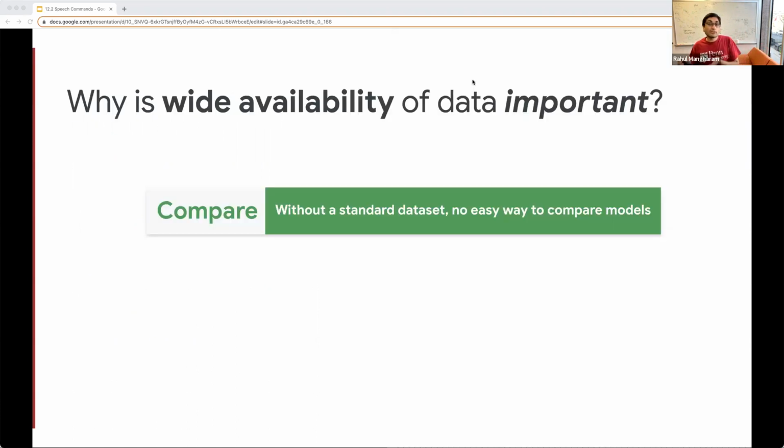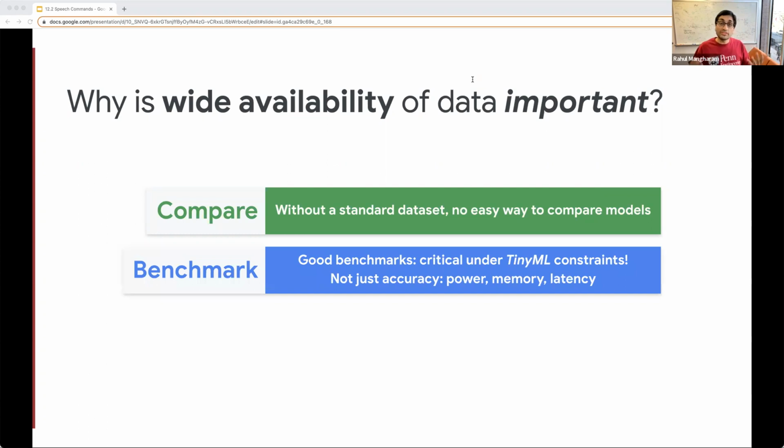Specifically, we want to be able to compare different models that are being trained. But the models need to be working off the same standard data set. So speech commands is that standard data set. And so we can actually compare two different models and see which one is actually performing better. It becomes basically a benchmark, right? Benchmarks are crucial because TinyML has very strong constraints, remember.